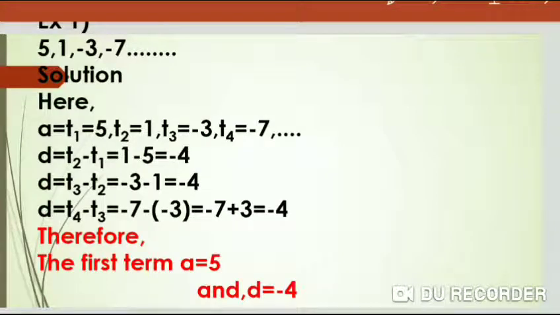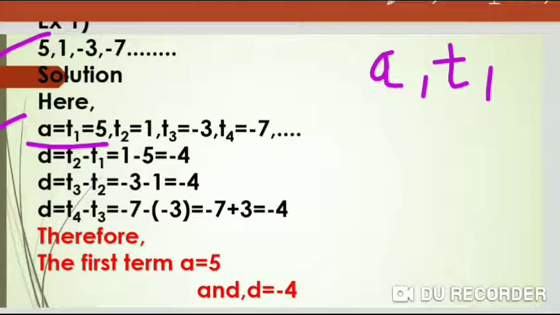Now see, in this example, the sequence is given as 5, 1, minus 3, minus 7 and so on. Okay. Here we again write down A is equal to T1 is equal to 5 because the first term is denoted by small a or T1. And see here the first term is 5.